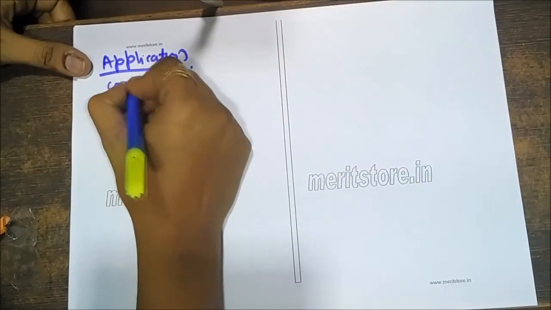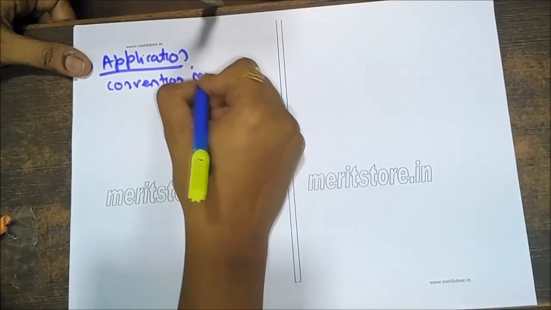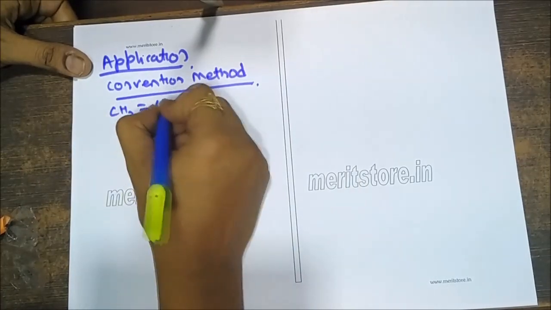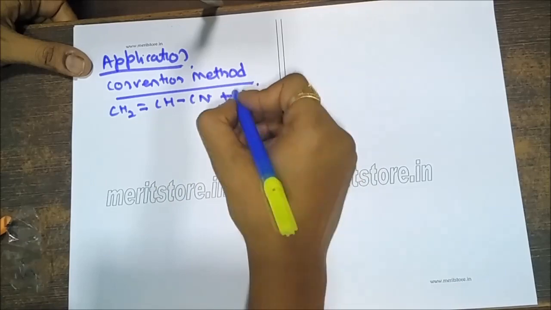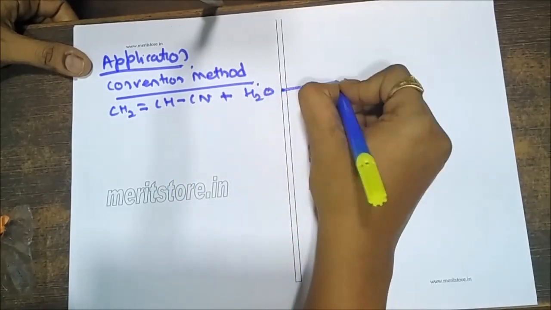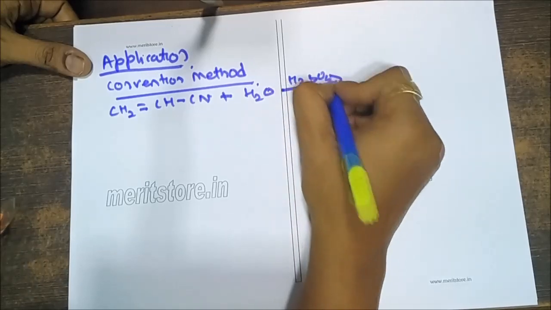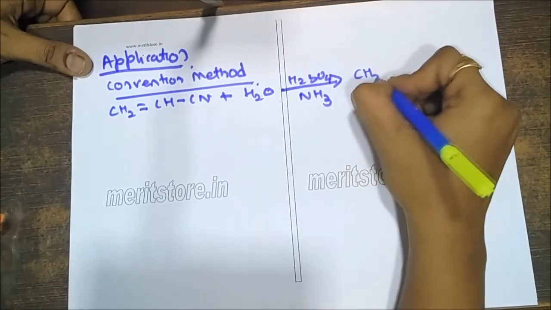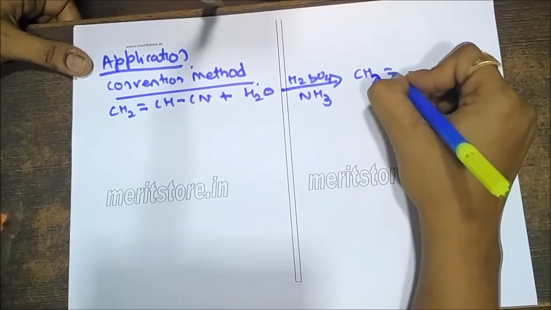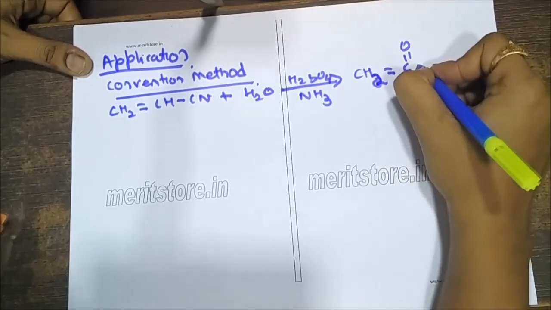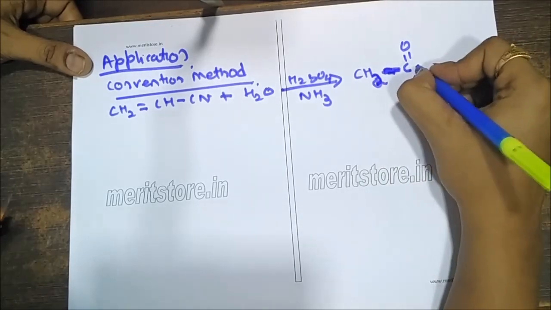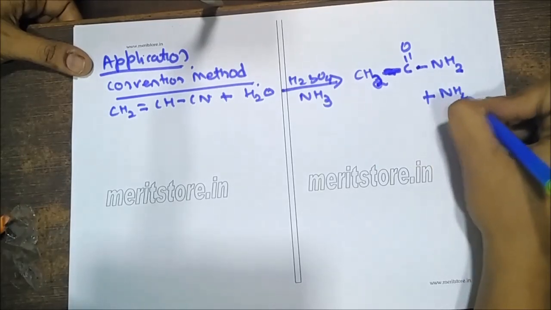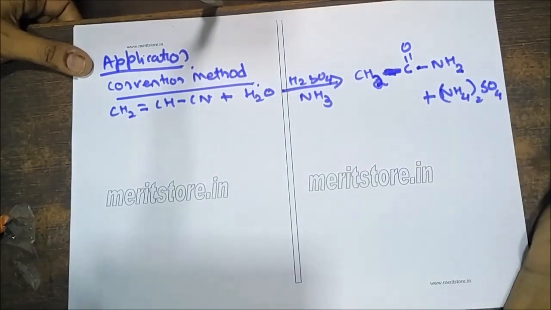The conventional method was ethene cyanide reacting with a water molecule in the presence of sulfuric acid and ammonia to form acrylamide, plus ammonium sulfate, which is actually not required.